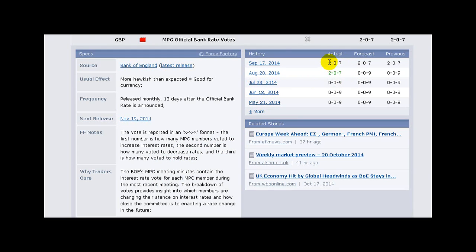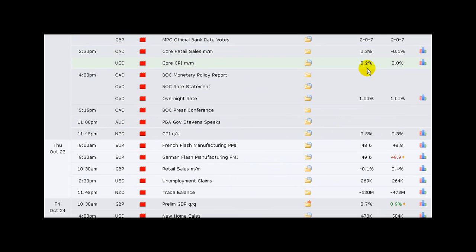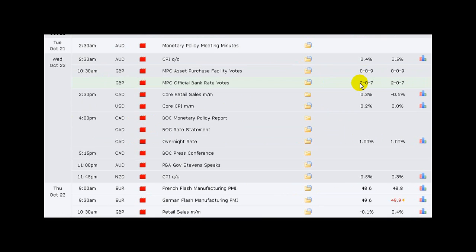There's 9 people that vote, and for some reason this Wednesday they're expecting 2 people to keep voting to put the interest rates up. So if this number here is different to this, then this will make the GBP pairs go a bit lively, I think.